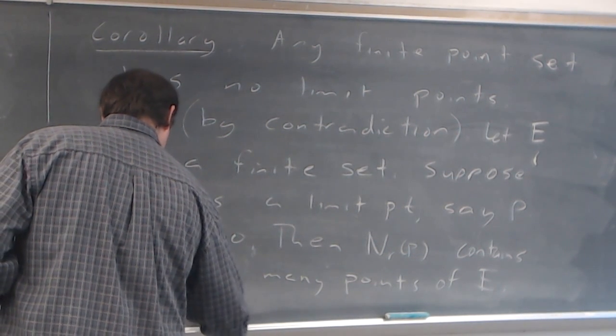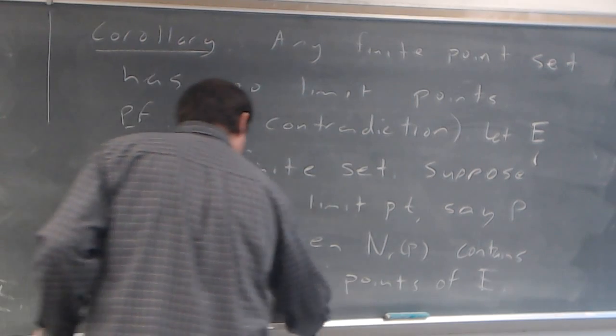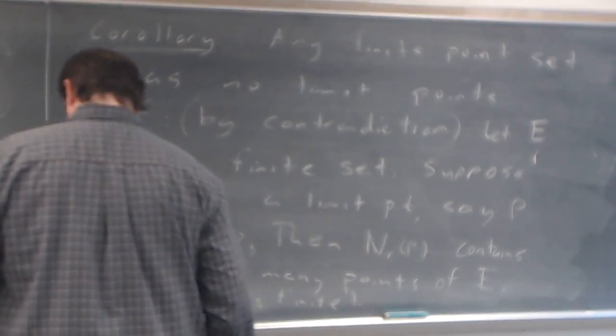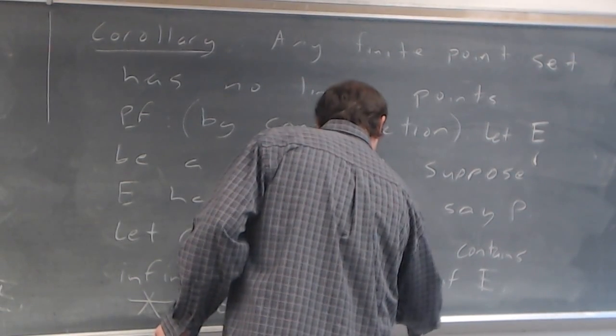E is finite, so it doesn't have infinitely many points. Okay. So that's that proof.